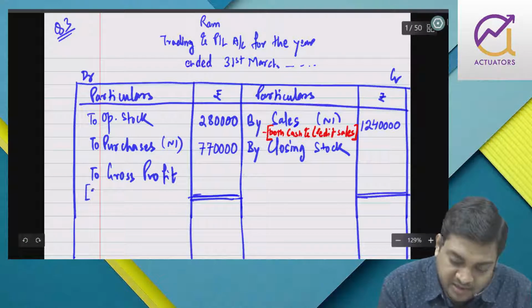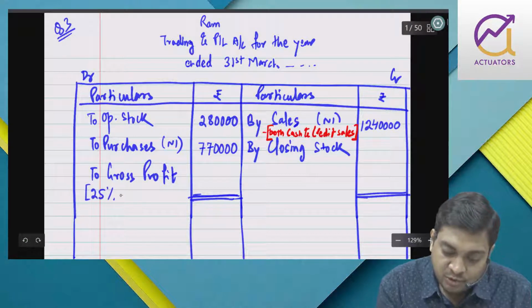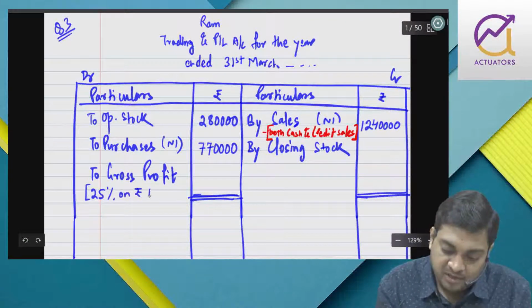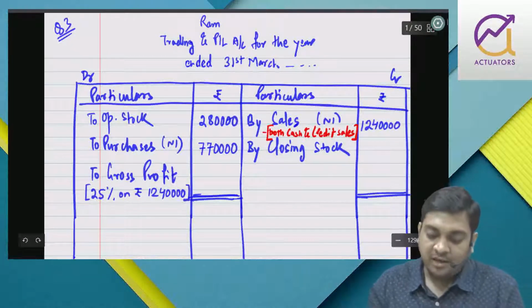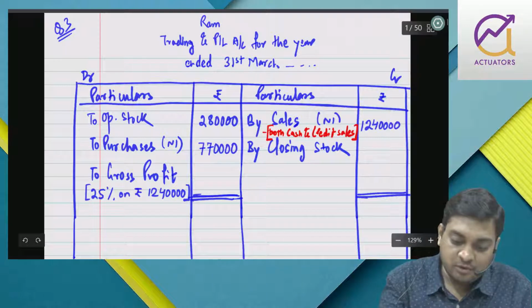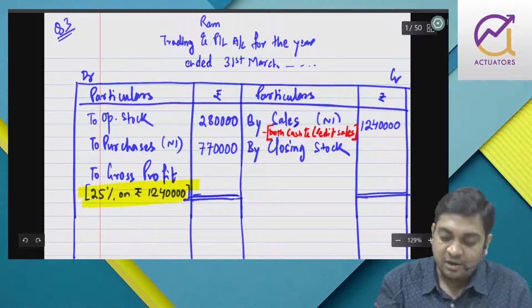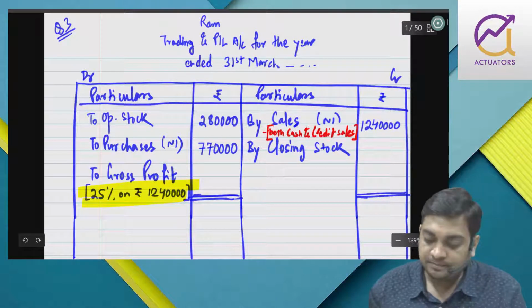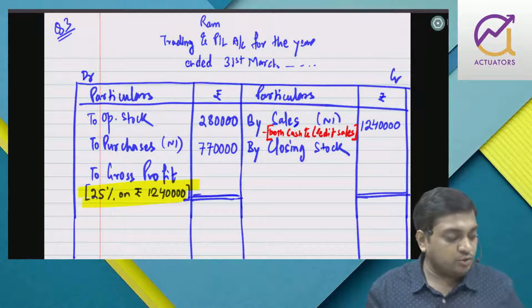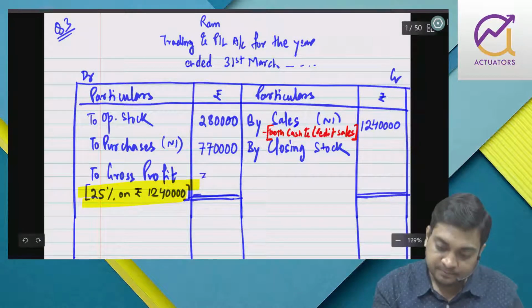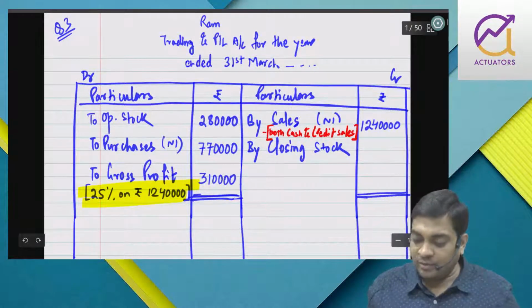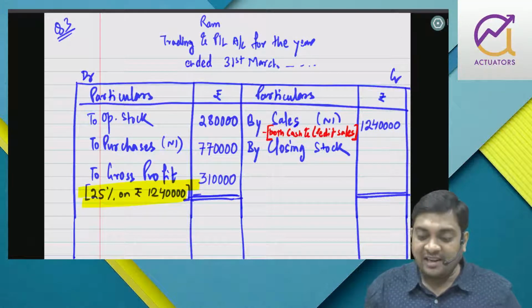So I've got 12,40,000. Now the gross profit is 25% on 12,40,000. Once we know the sales, 25% of that will be my gross profit. So that comes to 3,10,000. 12,40,000 into 25%, on sales directly.